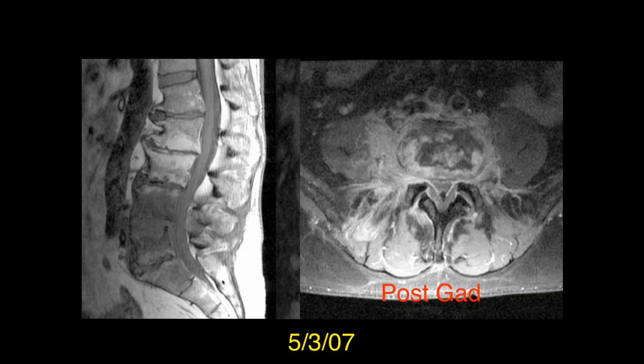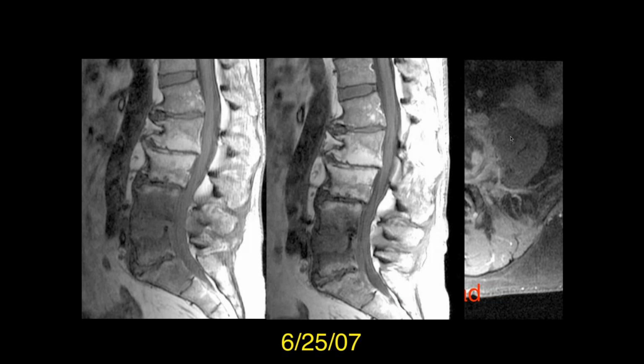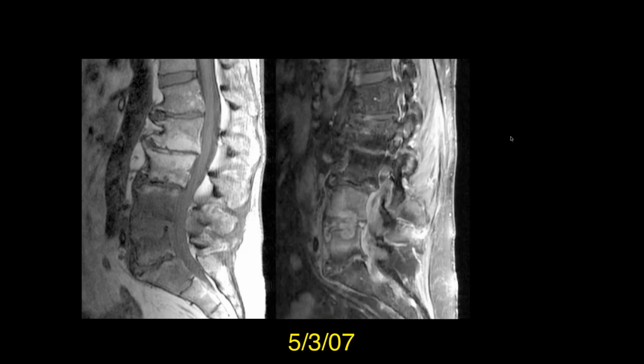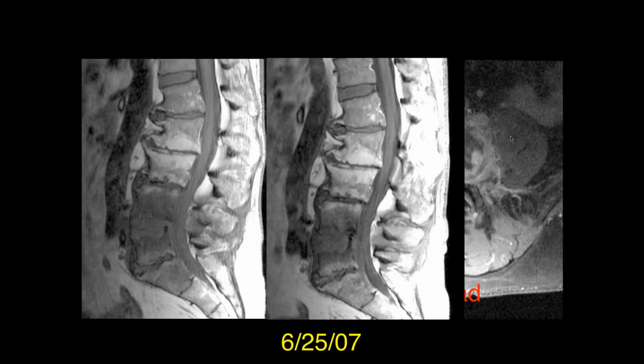And post-contrast, there's diffuse enhancement at the vertebral body, surrounding soft tissues, the iliopsoas muscle, paraspinal muscles. And so I think this is a month later. Well, let's see. So we go back here. We started out on 5/3/07.